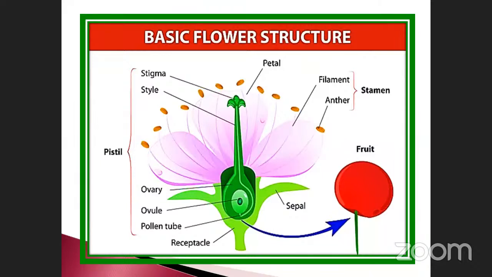Sometimes they ask this question. Will anybody answer? The anther is attached with the filament, and there is a small gap at the base of this area. Which tissue is present in it?